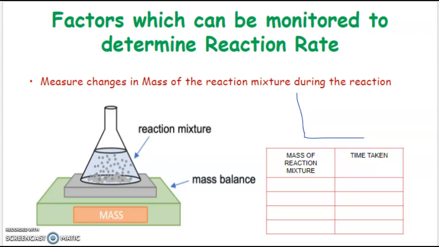So if we have mass on our y-axis and time on our x-axis, the graph would have this general shape. And it has that shape because throughout the course of the experiment or the reaction, the mass will be decreasing.